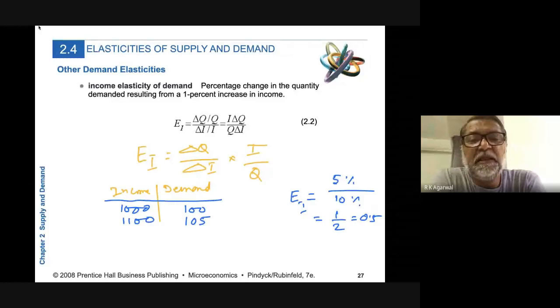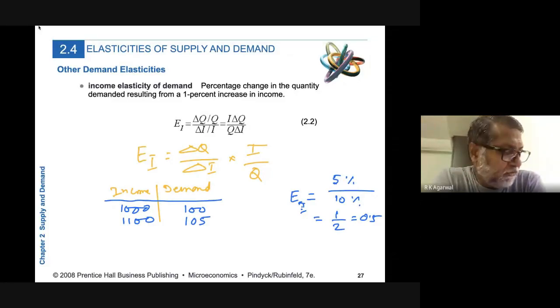And remember that elasticity of demand with respect to income will normally be positive. But in some cases it can be negative also. For example, if your income goes up, you may buy your own vehicle and demand public transport less than before.